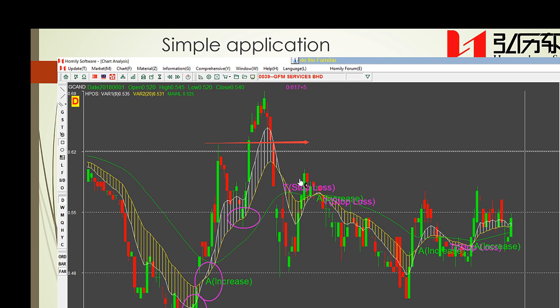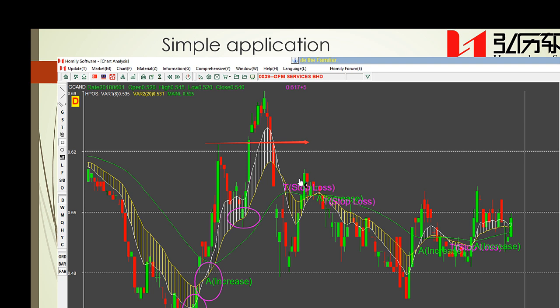So here we should see if the second day the price drops, and the direction of the white line also tends to drop. So here we should know it is a short-term correction.